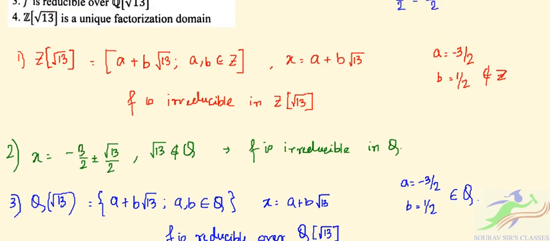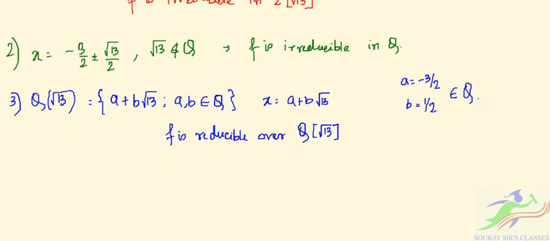Now we have to find the last option, whether Z of root 13 is a unique factorization domain, that is UFD. Okay, so option number 4. If we write 1 plus root 13 whole square, it will be simply 2 common 7 plus root 13, right?